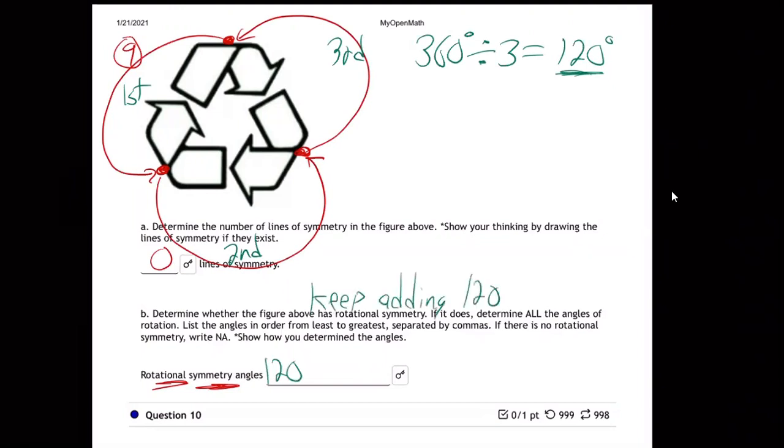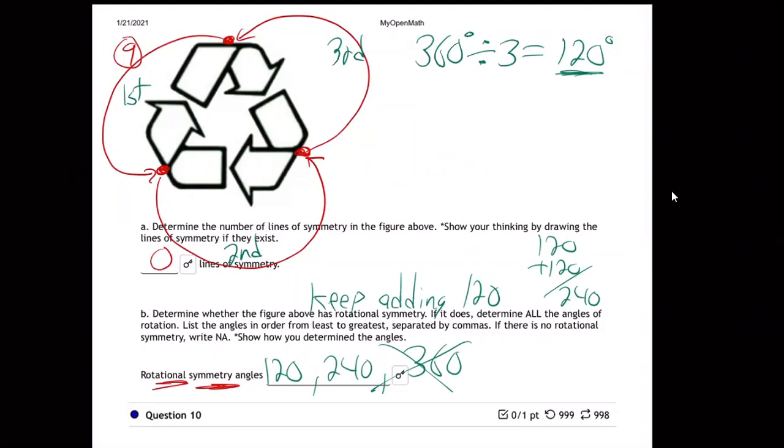So you keep adding 120. 120 plus 120 is 240, so comma 240. Add another one and you get 360, but we don't list 360 because that's all the way around. Of course, it's back onto itself.